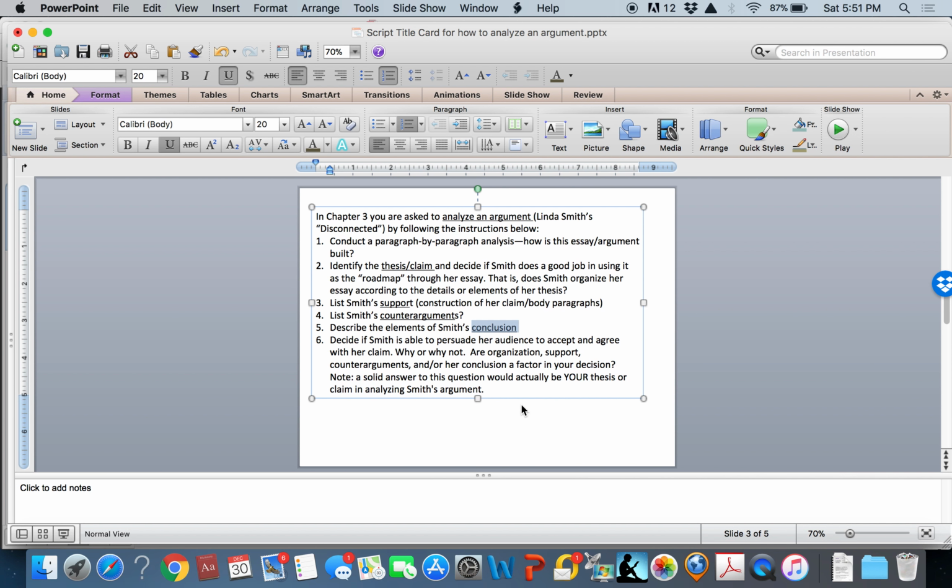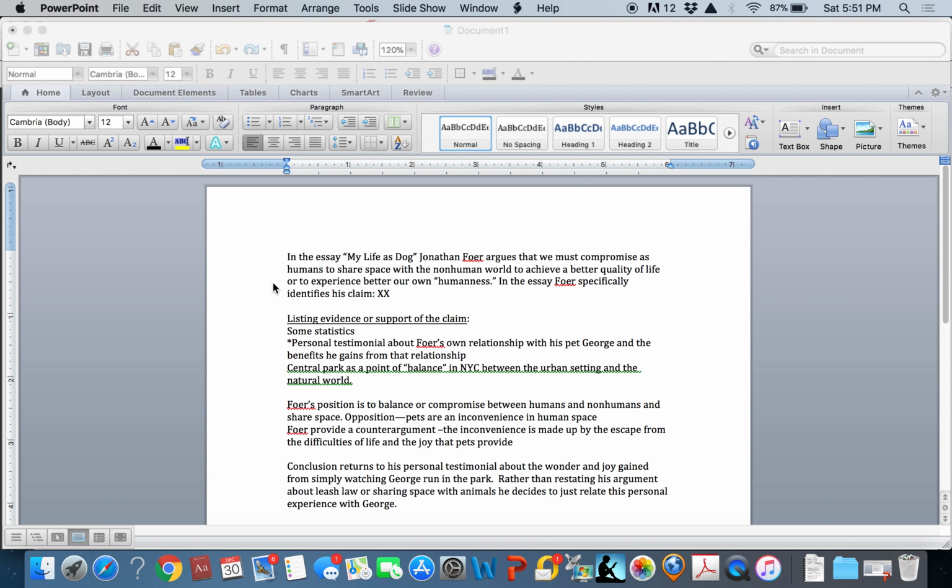And so you'll go back through the argument and discuss these items that we just went over and decide if they are a plus or a minus in terms of making Four's claim persuasive. And that's really what analyzing a text is.